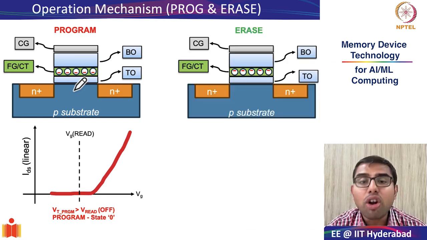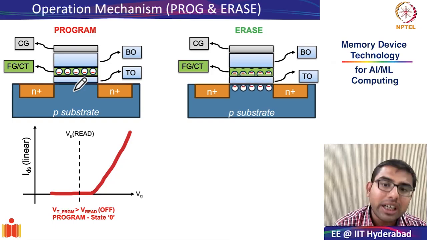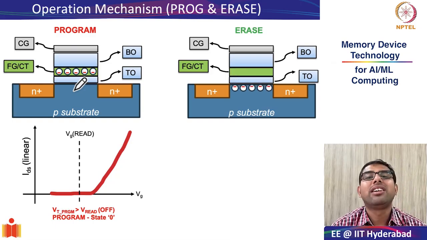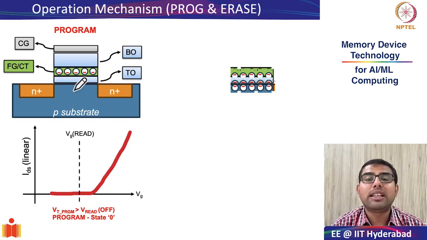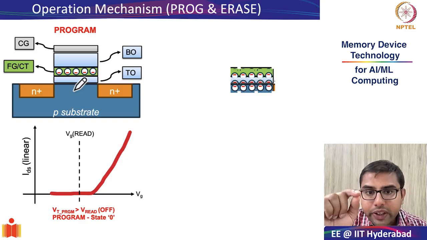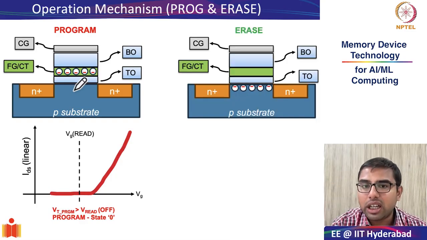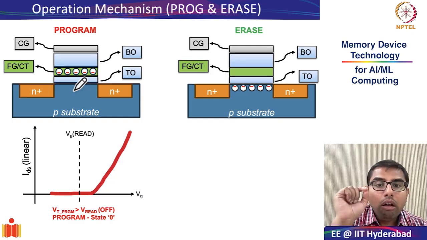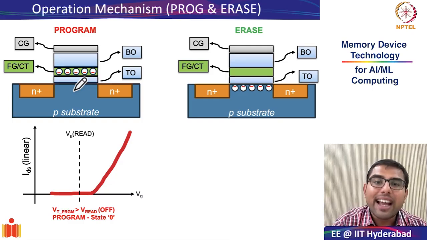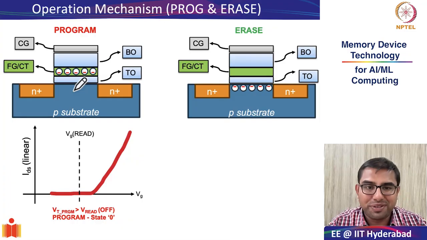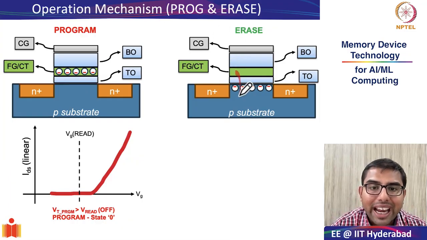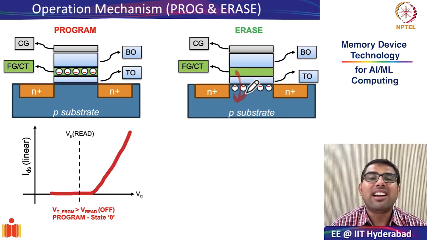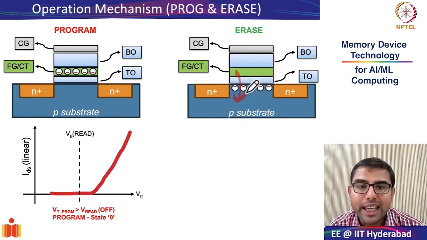Whereas the second operation is exactly the opposite, and this is what the animation is telling us. In the second operation, as you can see from the animation, is the erase operation. In the erase operation, negatively charged electrons are pushed out of the charge storage layer into the channel region, and they become free carriers.